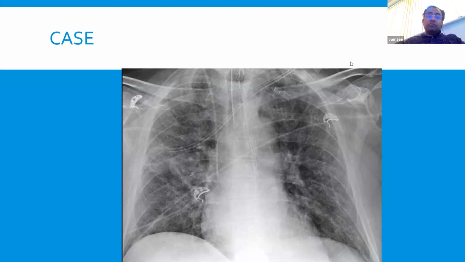Yes, so there's bilateral, peripheral, widespread disseminated ground glass shadowing. In the current context, what does that make you think of? Yes, exactly. So this is your picture of moderate to severe COVID.